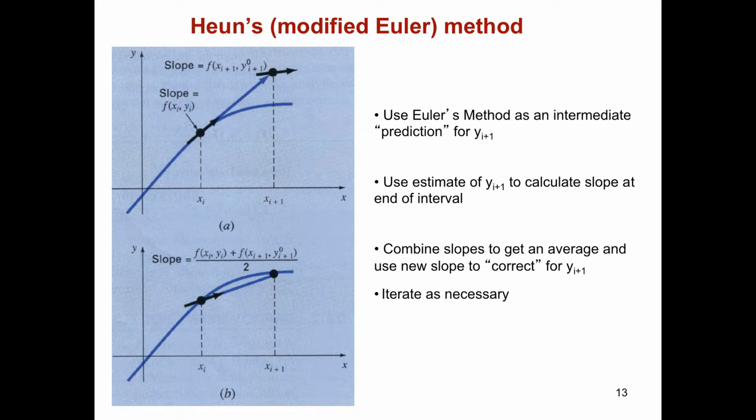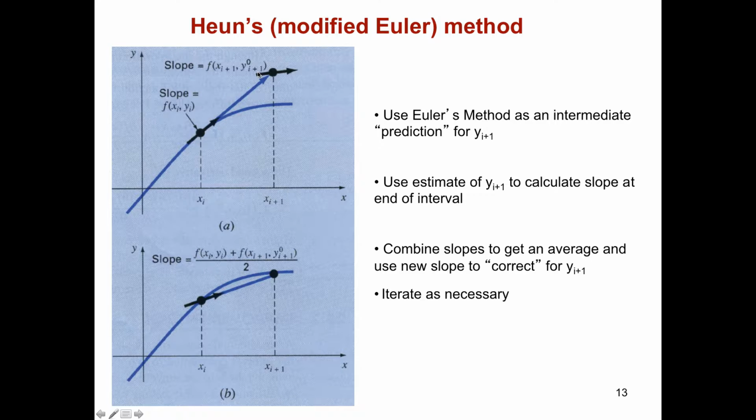So the first one is the so-called Heun's method, or modified Euler. All it does is adjust the slope a little. So in Euler, I said, let that slope be f of x i, y i. Well, Heun said, okay, how about you take the average of the slope at this point and the slope at this point.